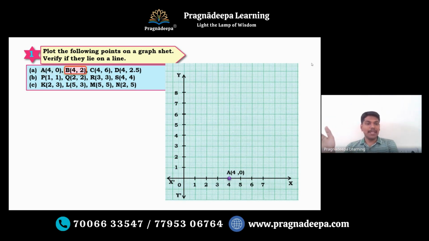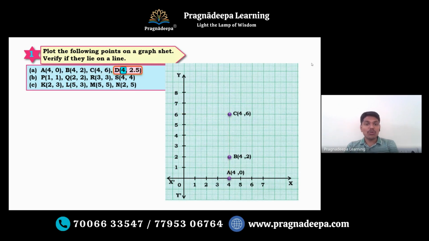To mark the point B, you have to stand 4 units on the x-axis, that is on the same point, and you have to go 2 units above the x-axis. The corresponding point is named as B of 4 comma 2. On similar lines, you have to go 4 units on the x-axis and 6 units towards the y-axis, and the corresponding point you have to mark as 4 comma 6.